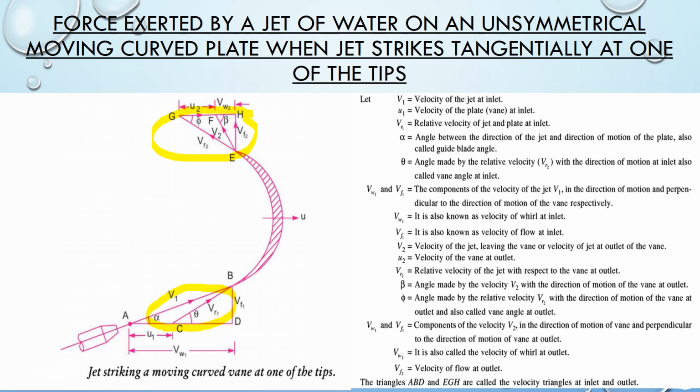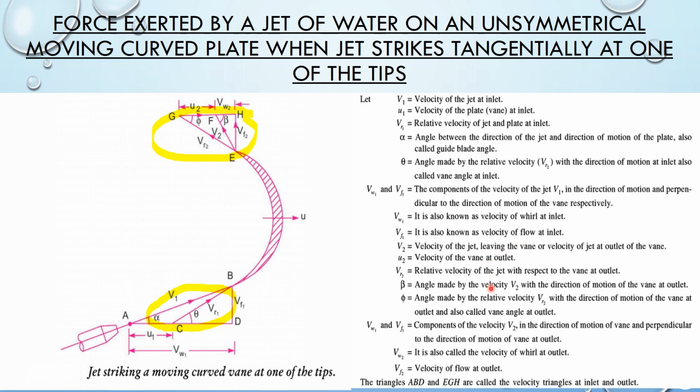As you can see in this figure, this is V1, and the components of V1 are VW1 in the horizontal and VF1. This makes a triangle ABD. And there is another, the relative velocity, which is drawn like this. VW1 is also known as the velocity of whirl at the inlet, as I have told earlier.